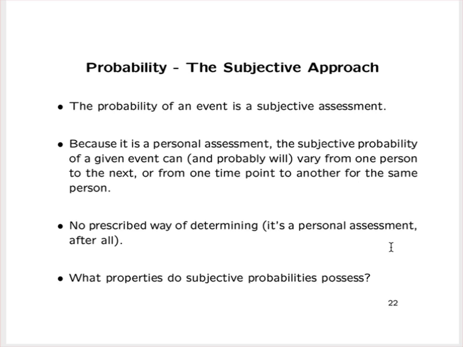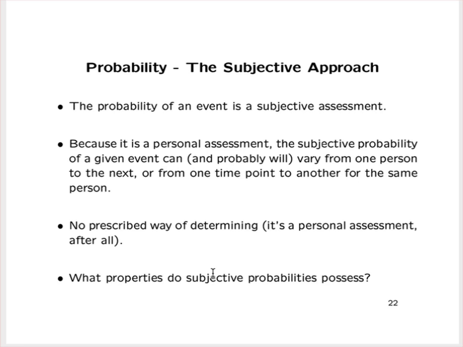But with subjective probability, we're really not defining it in such a way. It's not defined in a way that we can capture that calculation or assessment with a formula or some other mechanism. So there's no prescribed way of determining what a subjective probability is going to be for a given person, because it's that person's own personal assessment, and that can change over time.